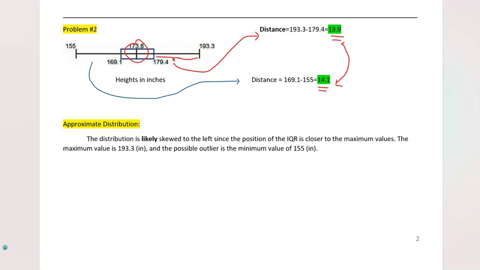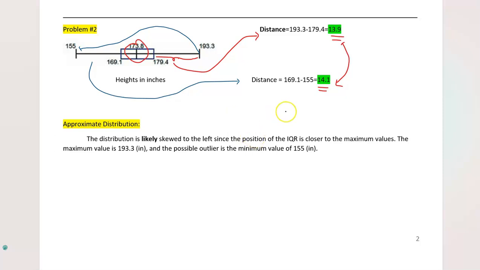That means that if we were to draw a distribution, this one will look something along these lines. And your only arrow would be to the left. Let me fix it. But it will look something like this. And it's likely to be skewed to the left.